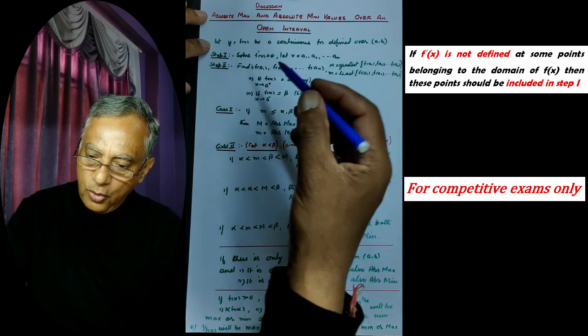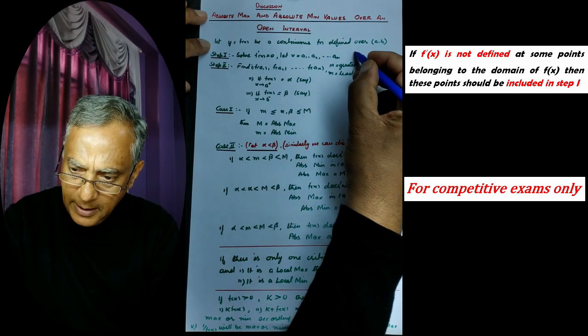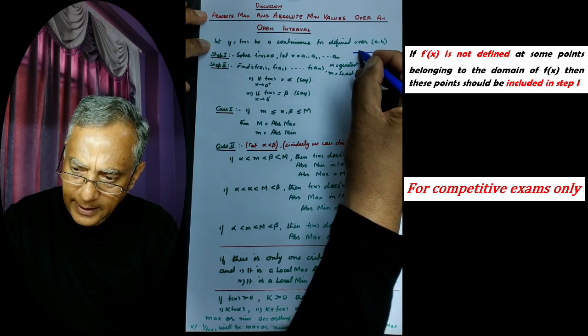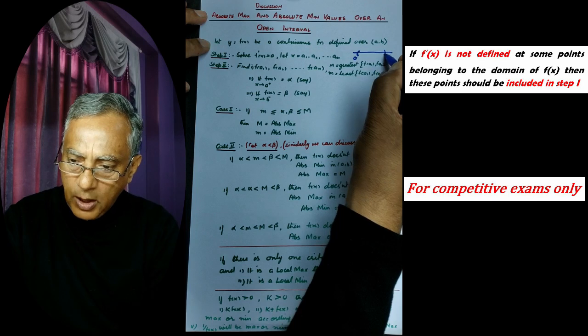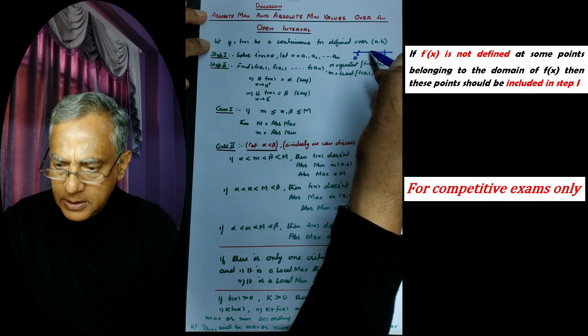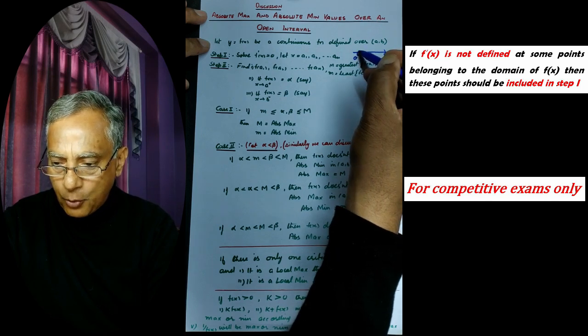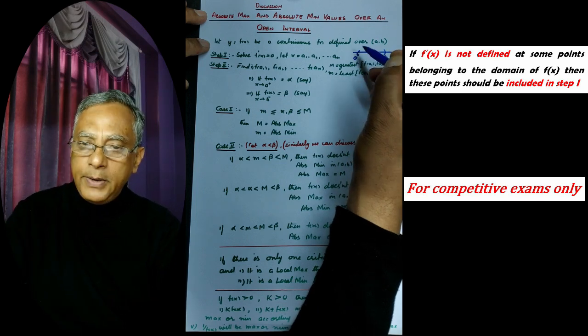Next thing is we find the limits. This is the interval (a, b). This is a, this is b. We find the value of f when x approaches a from the positive side. Let this value be alpha.